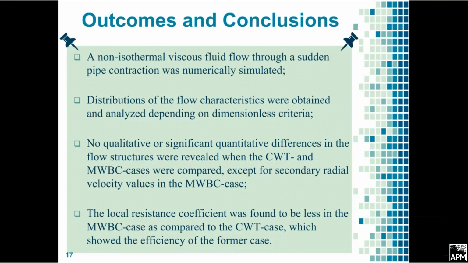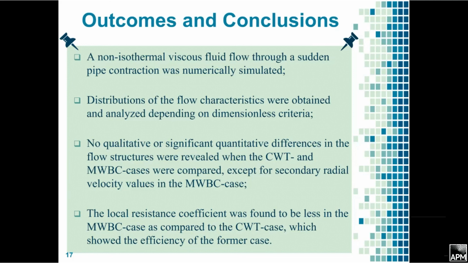In summarizing what I have reported today, we have performed a numerical simulation of non-isothermal viscous fluid flow through a sudden pipe contraction. We have obtained distributions of the flow characteristics and analyzed them depending on dimensionless criteria.